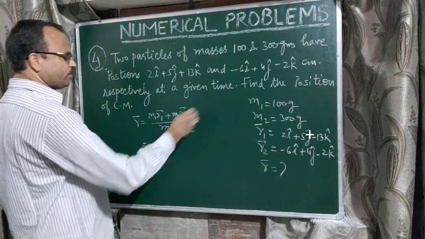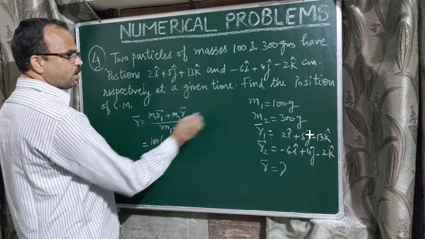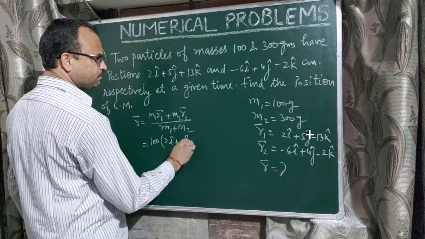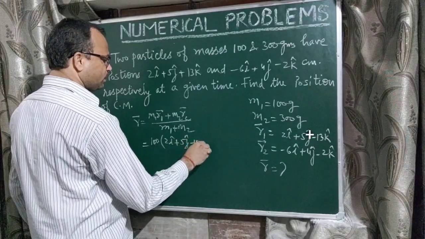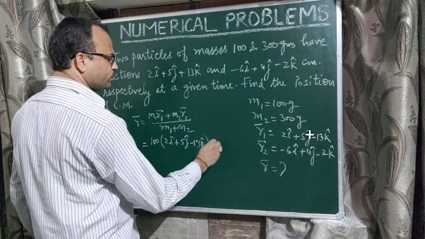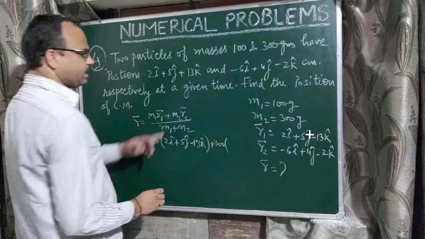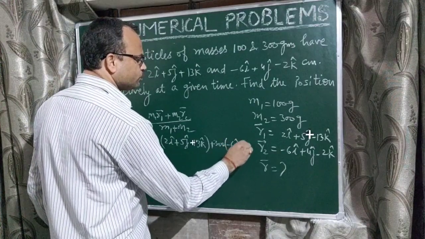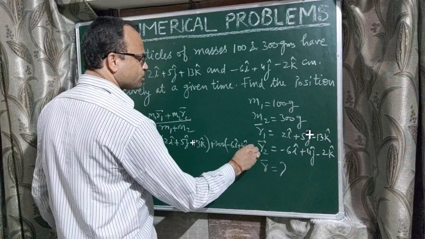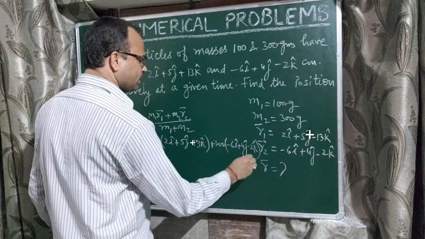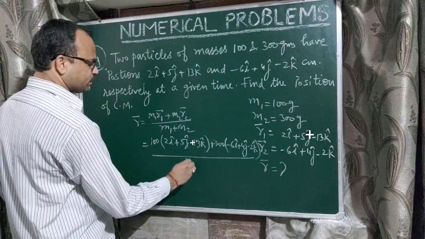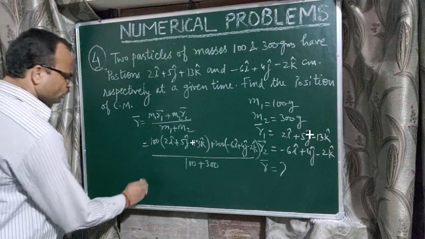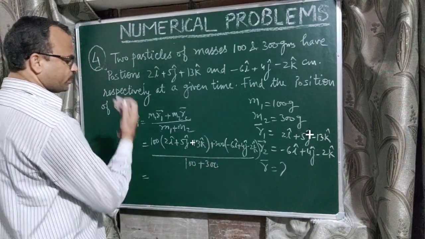Now substitute the values: 100 times (2i cap plus 5j cap minus 13k cap) plus 300 times (6i cap plus 4j cap minus 2k cap), upon m1 plus m2, which means 100 plus 300. First we take 100 common.